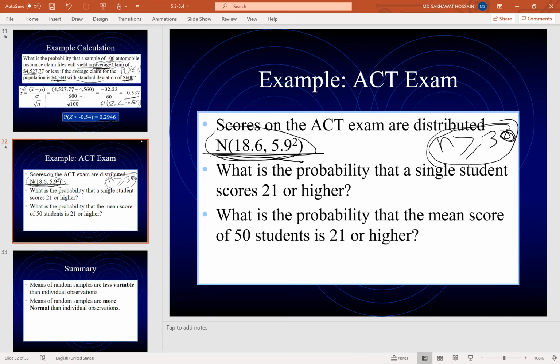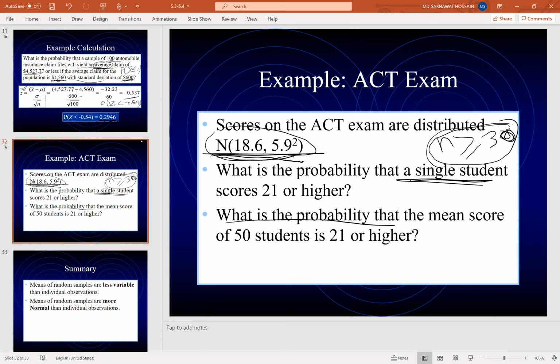What is the probability that a single student scores 21 or higher? Be careful here, this word is important: a single student. So we are looking for the probability for one single random variable. In the next one, what is the probability that the mean score, so we are looking for the probability for the mean, not for x.